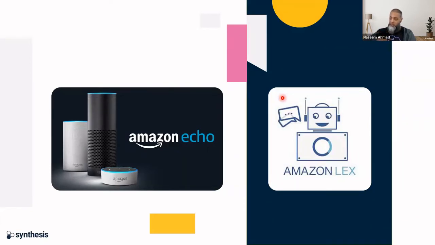This service is the same service that's utilized within the Amazon Echo speakers, and what this service allows you to do is to add natural language understanding into your application. So this AI can understand intent, it can maintain the context of a conversation, and allows you to automate simple tasks. What it also allows you to do is to create chatbots.